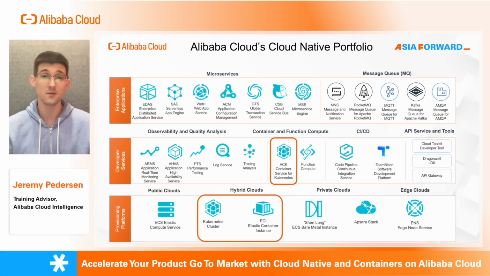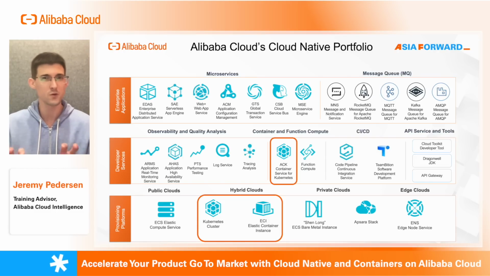So Alibaba Cloud's cloud-native portfolio is large. We won't have time to talk about all of this today, so I'm going to try and focus on just a few key tools. We're going to stay focused on our container service for Kubernetes and on our container registry. And we'll also talk a little bit about ECI, which is a serverless way to run Docker containers. It's often used alongside our Kubernetes service.